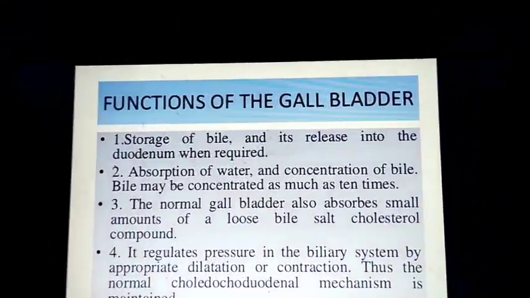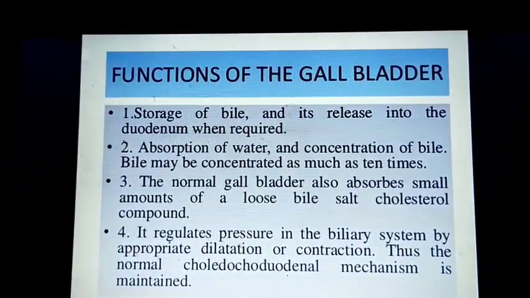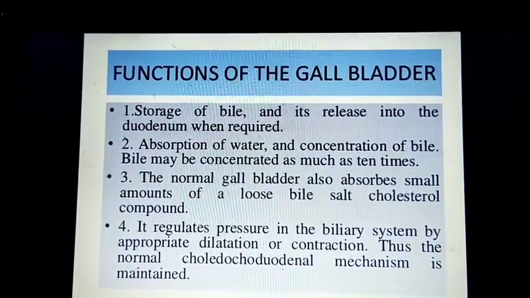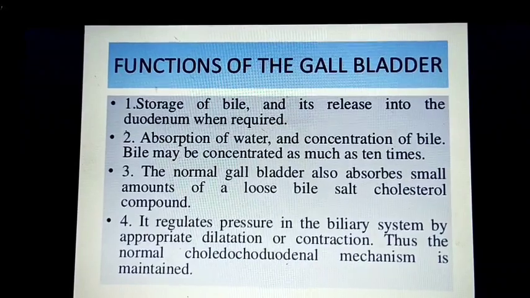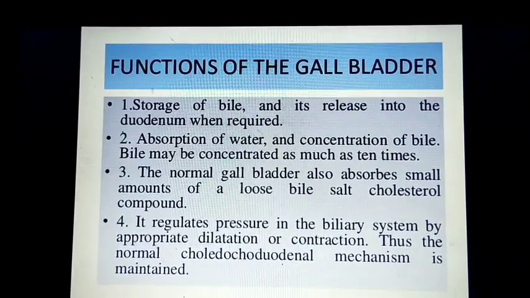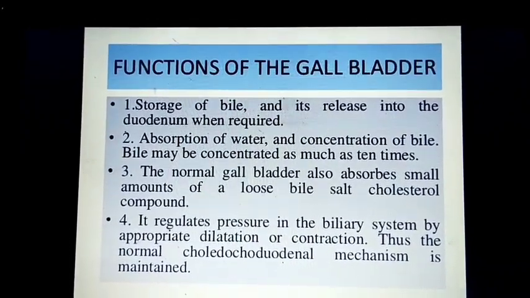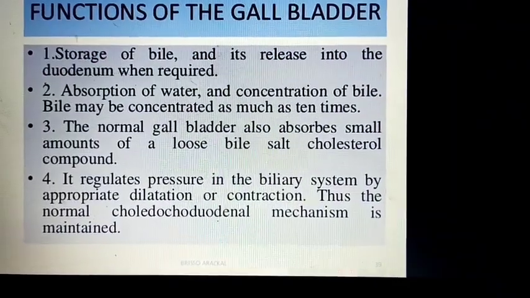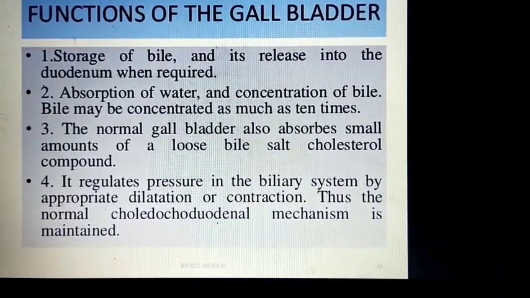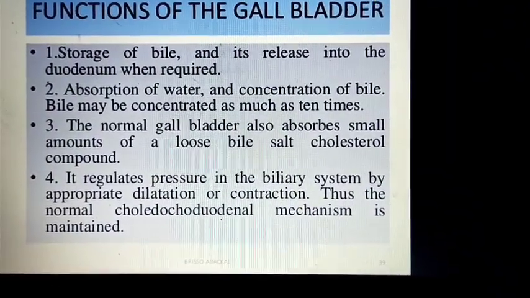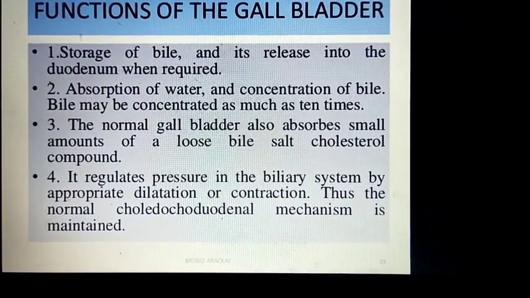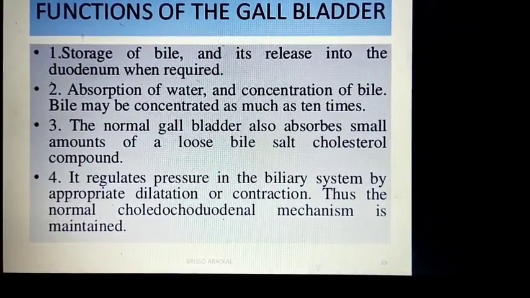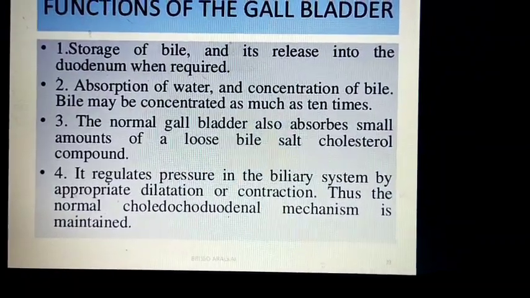Now, functions of the gallbladder. The first function is storage of bile, which is released into the duodenum when required. Second is absorption of water and concentration of bile. Bile may be concentrated as much as 10 times.